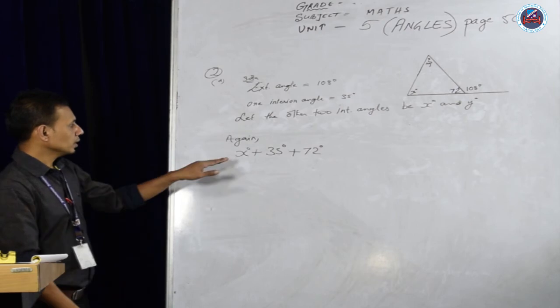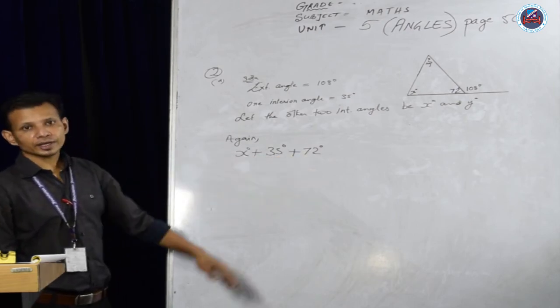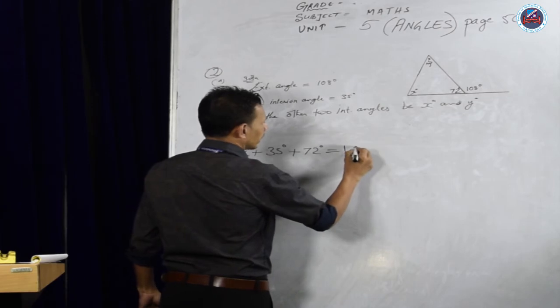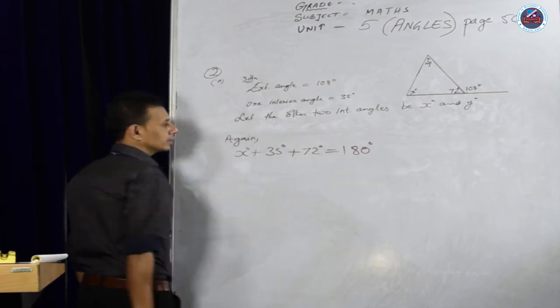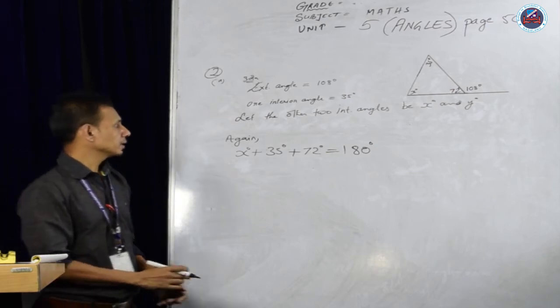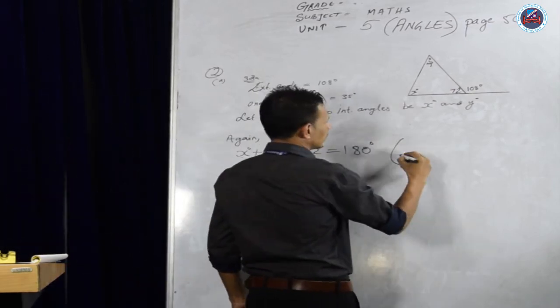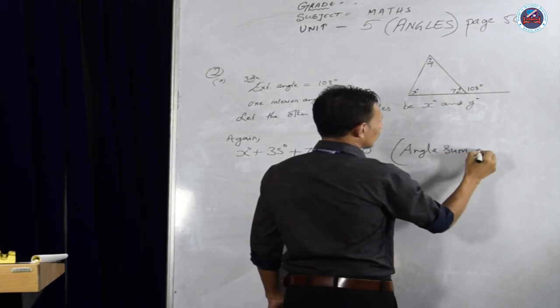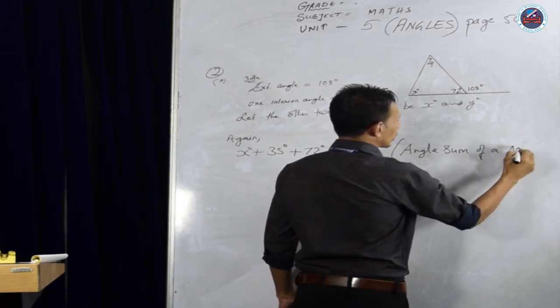When you add these three angles of a triangle, you will get 180 degrees. Correct? How did you get this? Angle sum of a triangle.